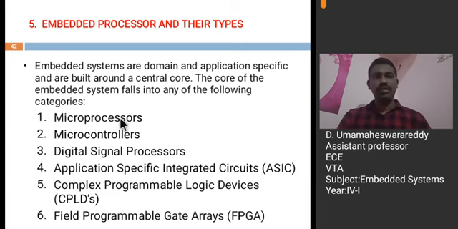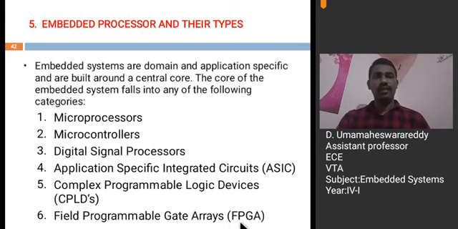That means for embedded system application development, the processing element may be a microprocessor or microcontroller or digital signal processor, or it may be an application specific IC, or it may be a complex programmable logic device CPLD or field programmable gate array.